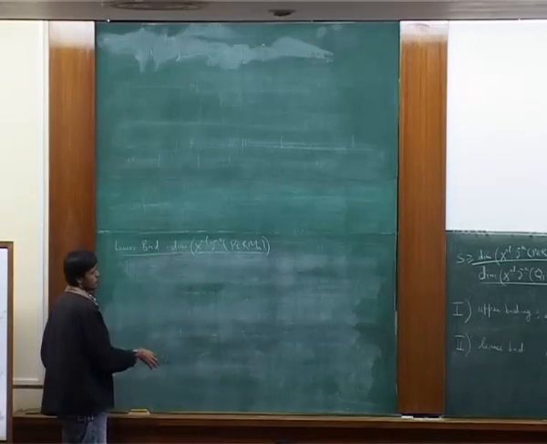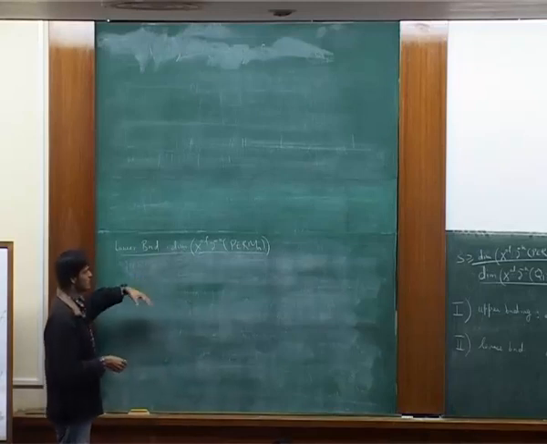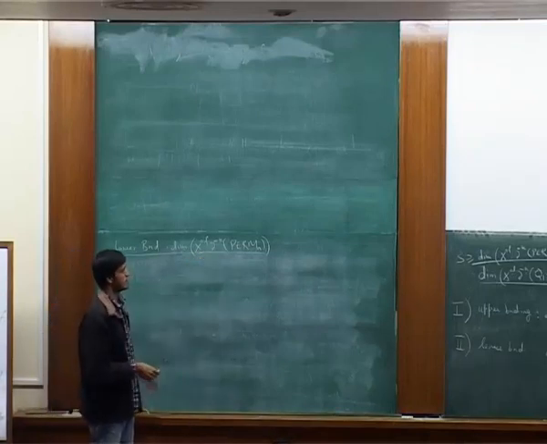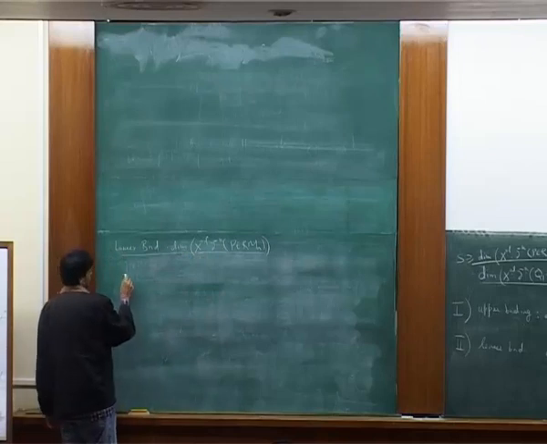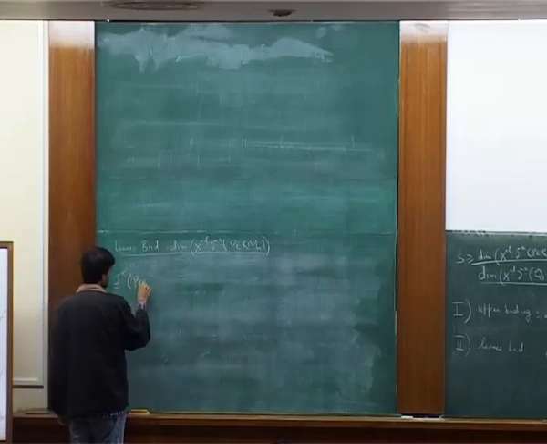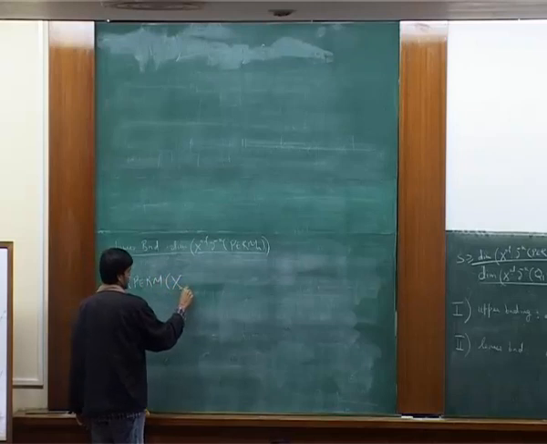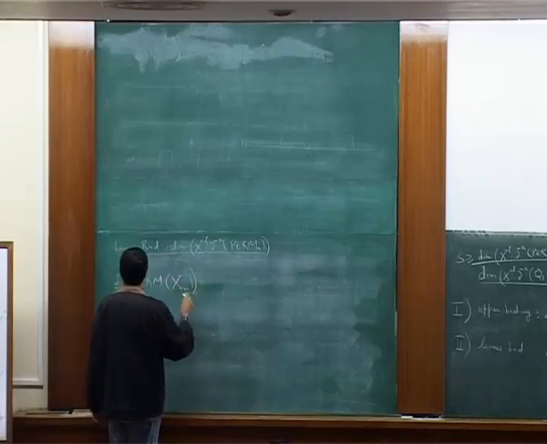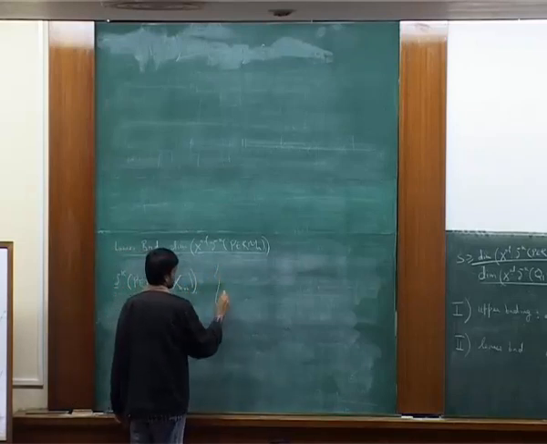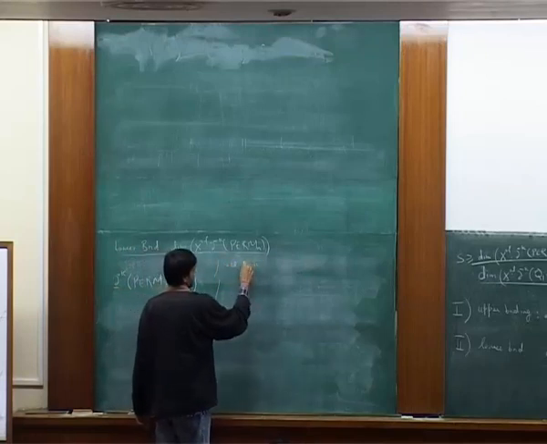So before we move on to what the lower bound is, let's try to just understand what exactly this set is. So this particular set, what is this? This is the set of all n minus k.